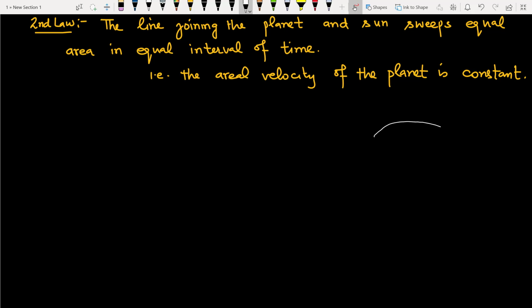This is the elliptical orbit, and this is Sun. Let the planet be at position P1 at any time t, and this is the line joining the Sun and the planet.